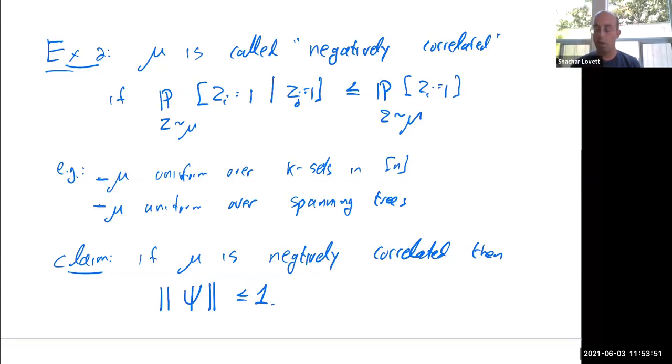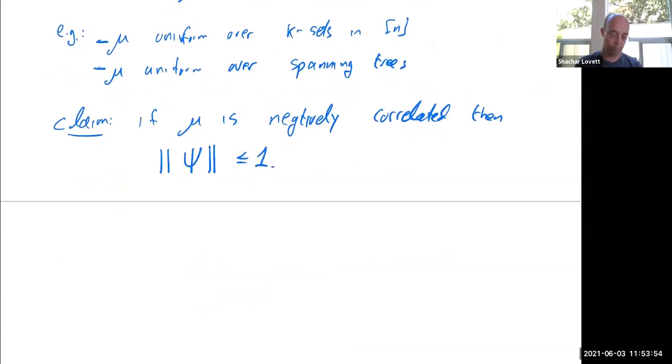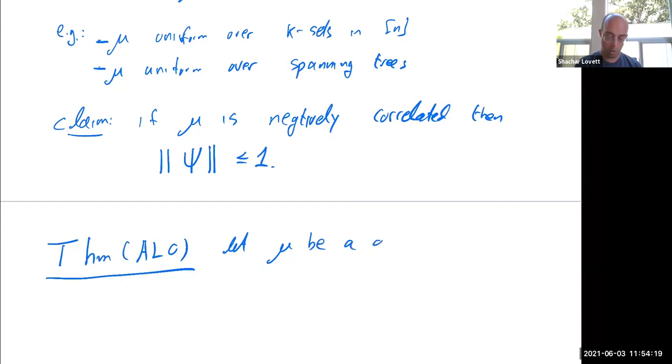The main thing I want to show you is the following theorem. This is really the reason why we defined it. So recall, let mu be a distribution over 0, 1 to the n, which is spectrally independent.